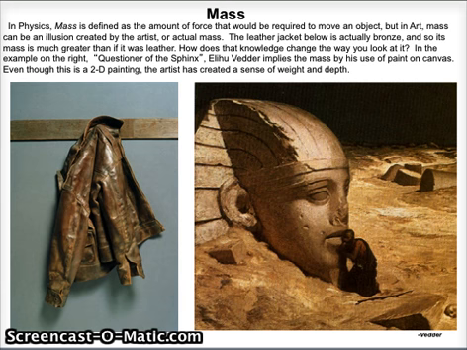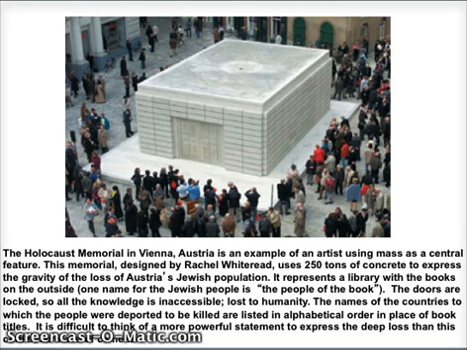Somebody just did a cast of this jacket and cast it in bronze, and now we have this very heavy object hanging as an object of art. Now on the right, what is this called? Questioner of the Sphinx. It looks heavy because of how the artist has rendered it, but it is in fact simply a painting.